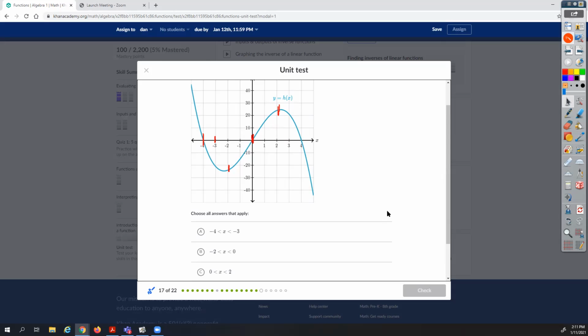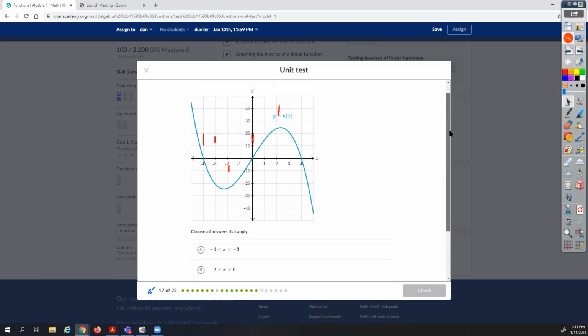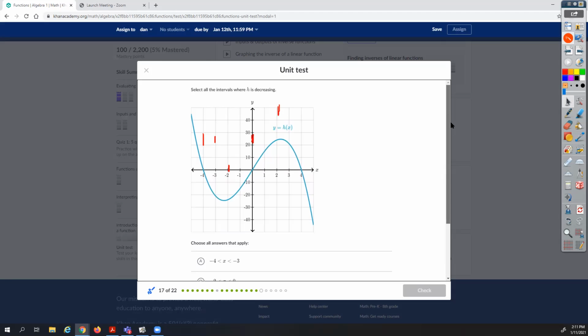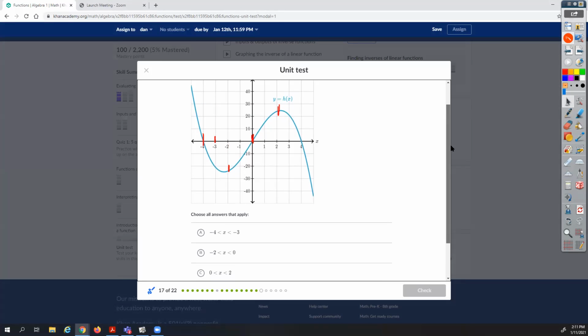What do you guys think? The first one? Wait. The question says, select all the intervals where h is increasing.